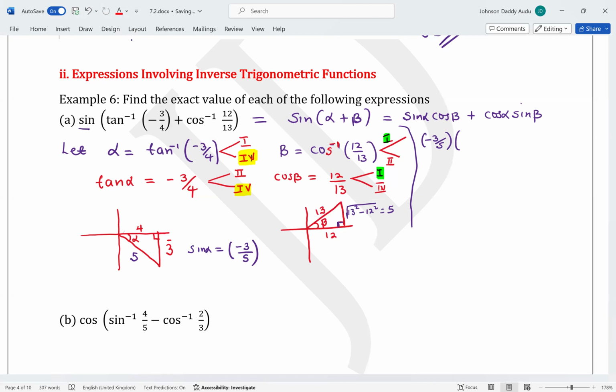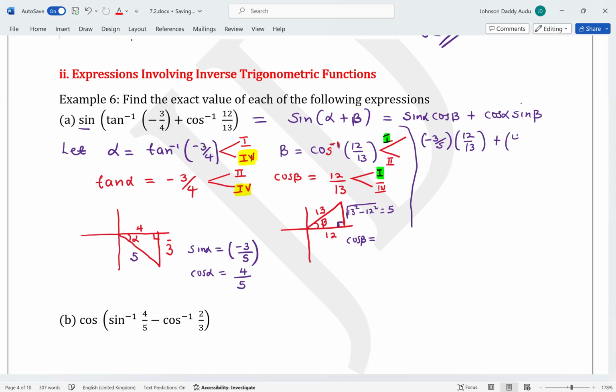For cosine beta, you have to come here. You will see that cosine beta, we already have it here, is 12 over 13. So this is 12 over 13 plus cosine alpha. What is cosine alpha? We have to come here. You can see cosine alpha is adjacent over hypotenuse. So this is 4 over 5.